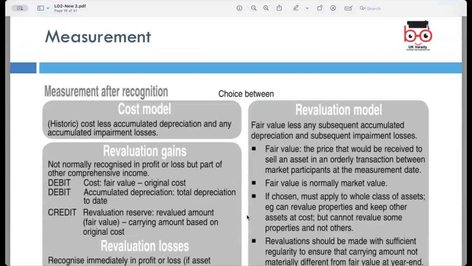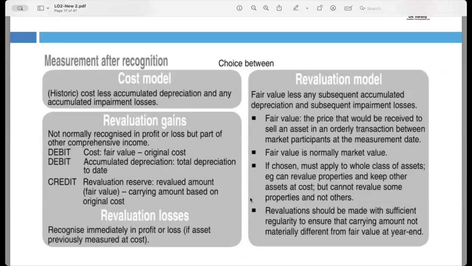Okay, so understanding how to measure assets after they are initially recognized is crucial for accurate financial reporting. Here we will explore the different models and rules for asset measurement, revaluations, depreciation, and disposals. So, cost model: there are two primary models for measuring assets after recognition, the cost model and the revaluation model.